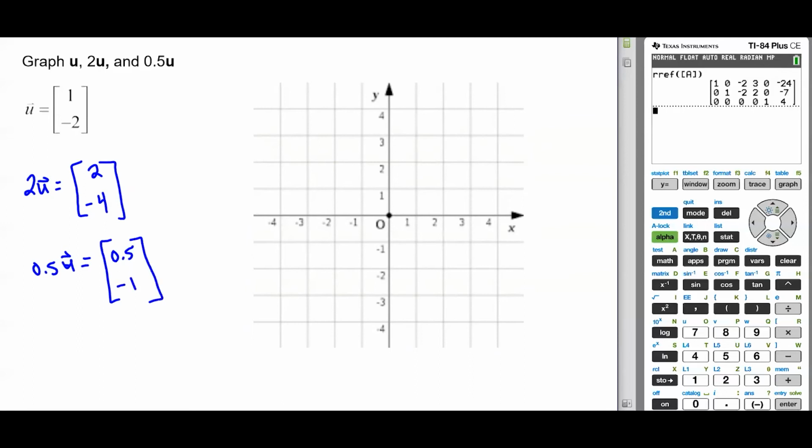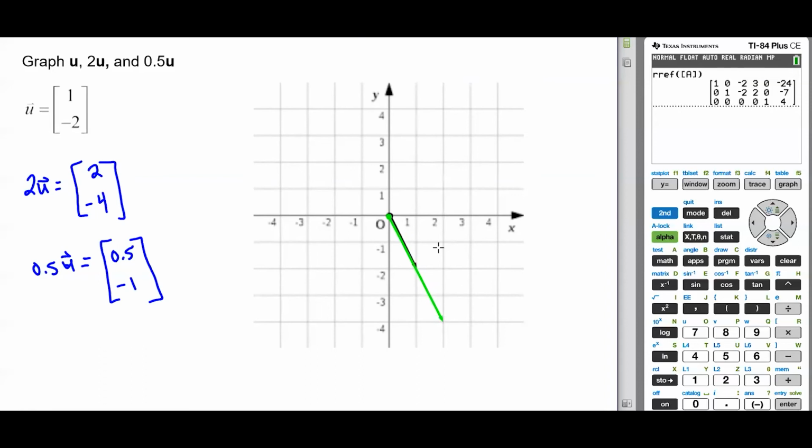So let's draw these. So u, again, is (1, -2). Let's do this in green. 2u will be (2, -4).